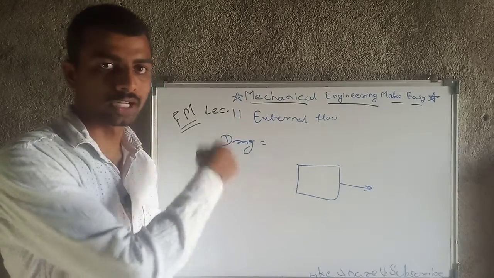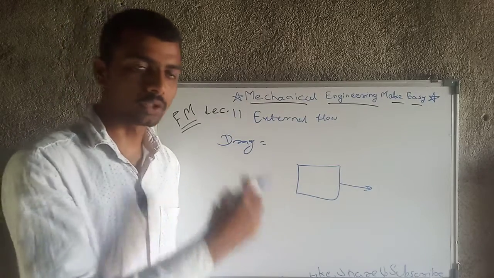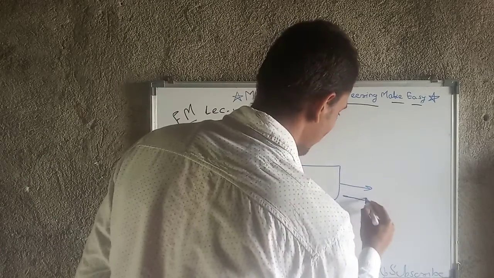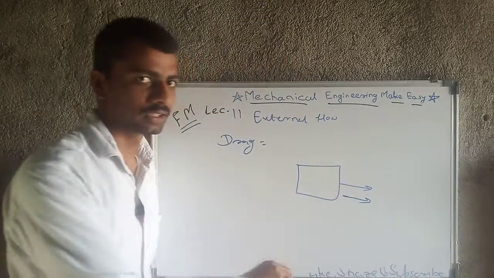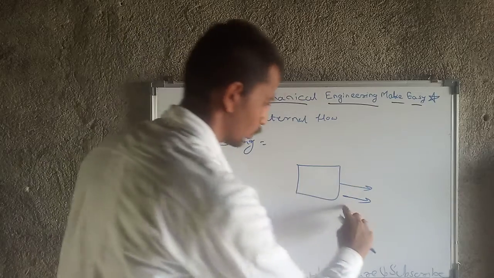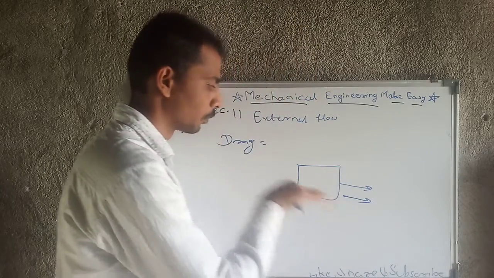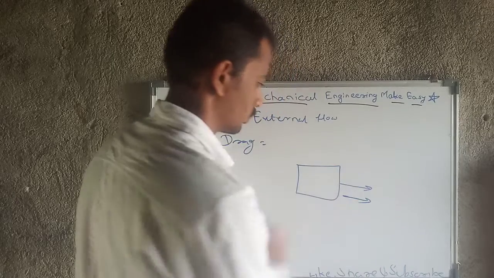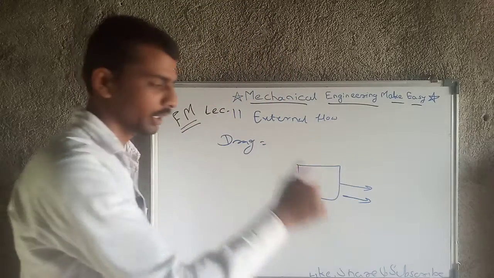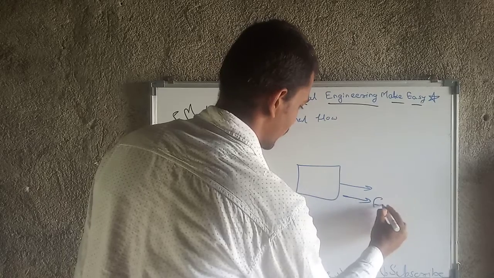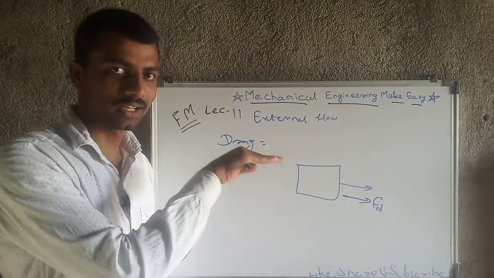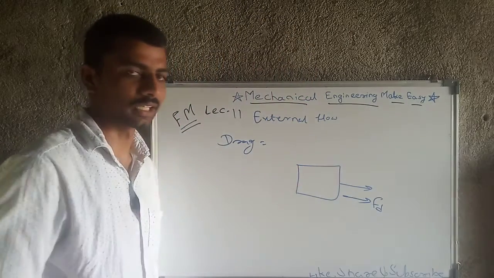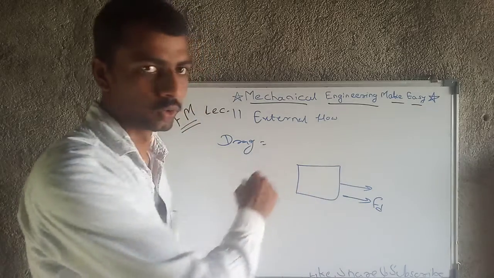So the component of that total force which is parallel and in the direction of the body movement, means the body is moving forward, so the force direction is also forward and parallel to that body's movement. Okay, so this is called drag force, which is parallel and in the direction of the body's movement, and the body is submerged in fluid.